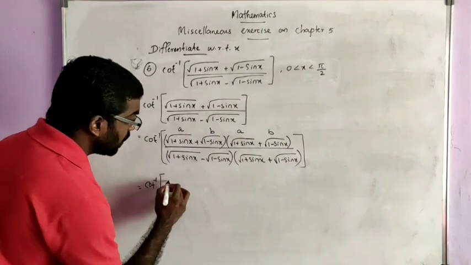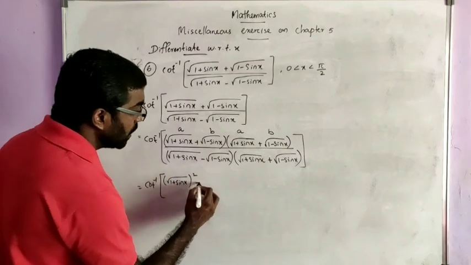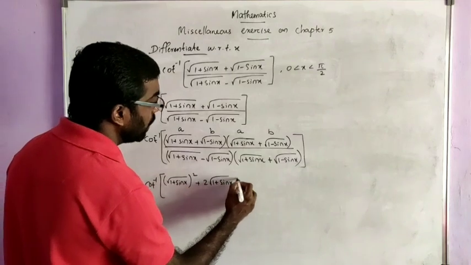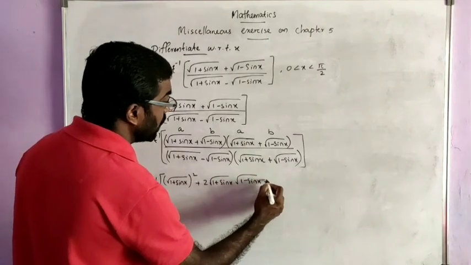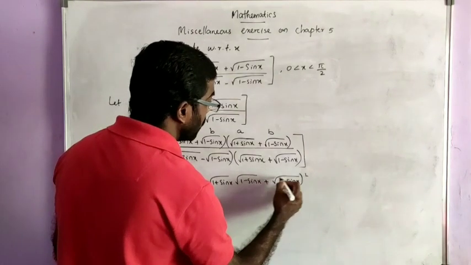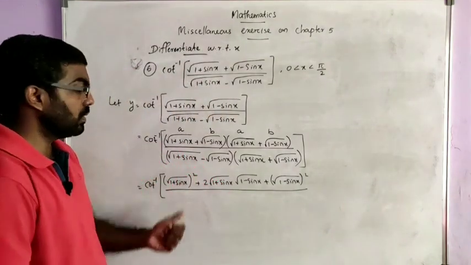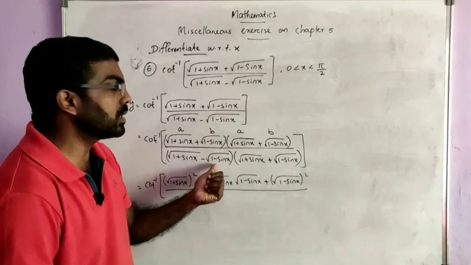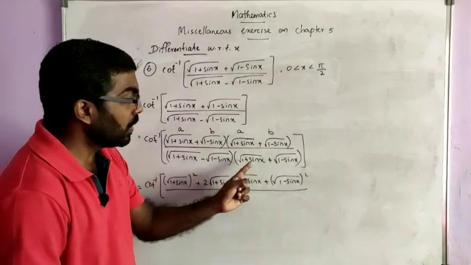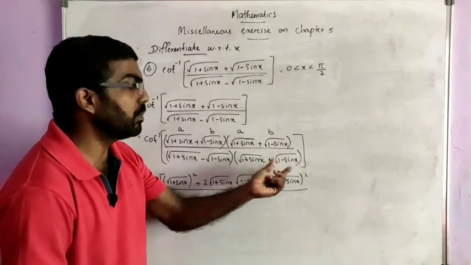So a square means root 1 plus sin x the whole square, then plus 2ab, 2 into root 1 plus sin x into root 1 minus sin x, then plus b square, that is root 1 minus sin x the whole square, whole divided by, and in the denominator root 1 plus sin x minus root 1 minus sin x, that is a minus b, and root 1 plus sin x plus root 1 minus sin x, that is a plus b.